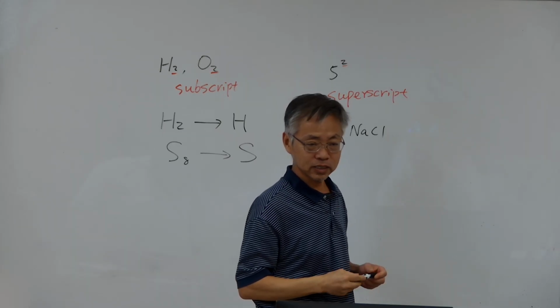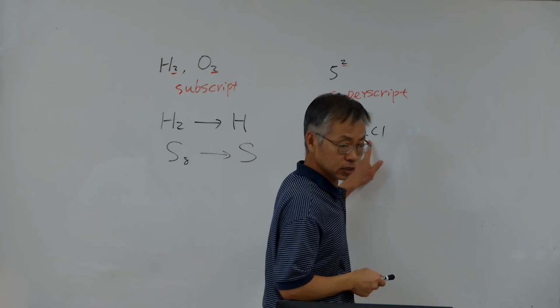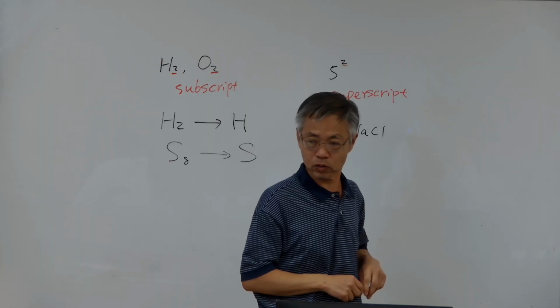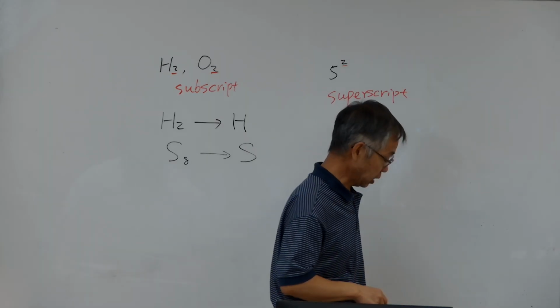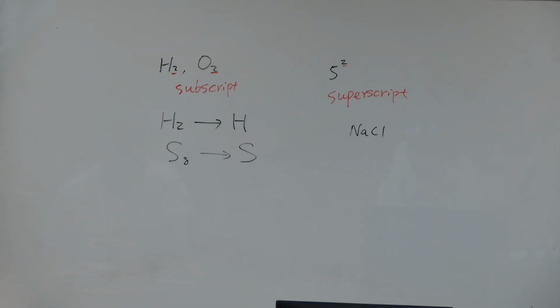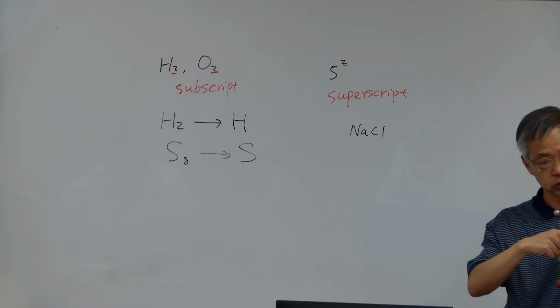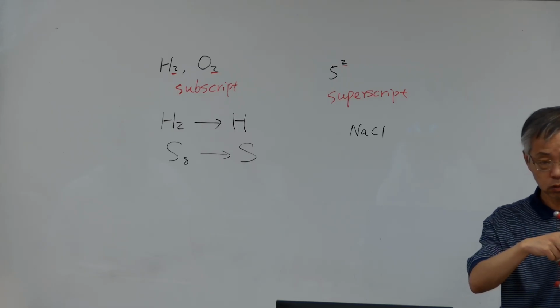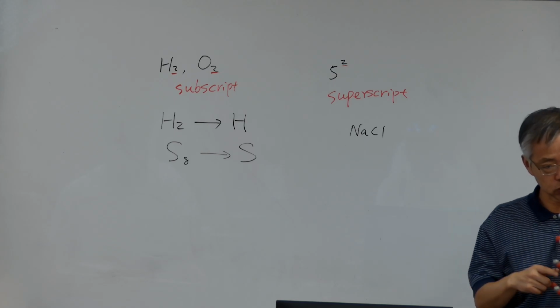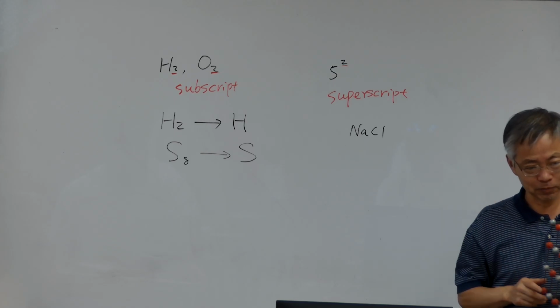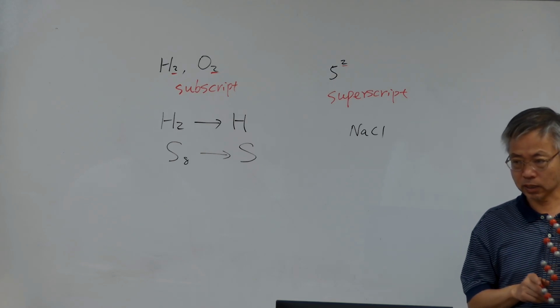NaCl means 1 sodium, 1 chloride. But the actual structure looks like this. If this red ball represents sodium, then the gray ball is chloride. Chlorine in a compound we call chloride. We'll learn naming compounds very soon, maybe in the next class.